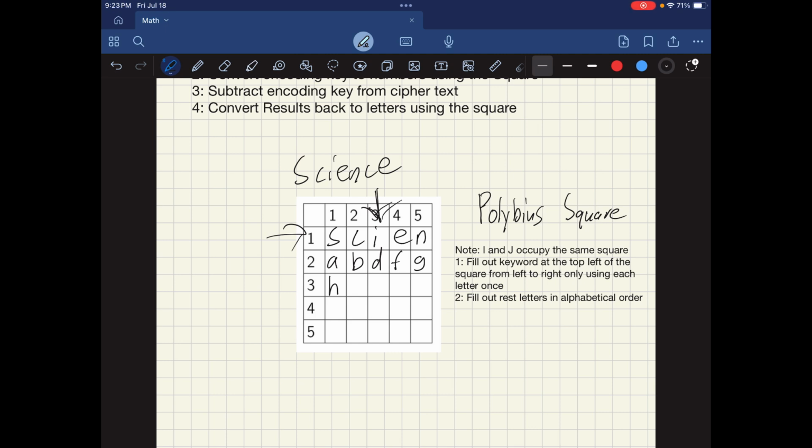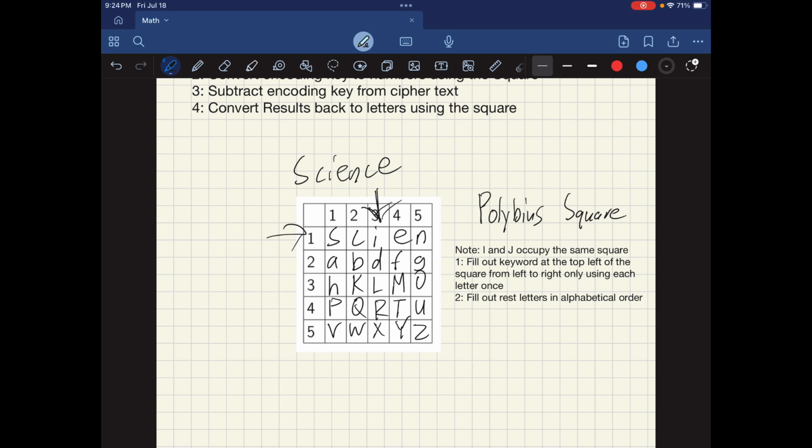Then K, L, M. N has already been used right here, so we skip N. Then we go O, P, Q, R. S has already been used, so we skip that. T, U, V, W, X, Y, Z. And that is how we fill out the Polybius square.